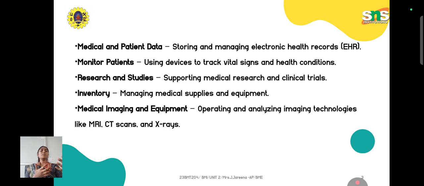Even if a hospital doesn't need to maintain patient records for more than 10 to 15 years, the patient needs them for their whole life. If we have a soft copy or stored data, then we can easily give one copy to the patient, and they can have it for their long life. So that is the major role. Computers play a very big role in order to manage the medical and patient data. The second one is monitoring the patients.